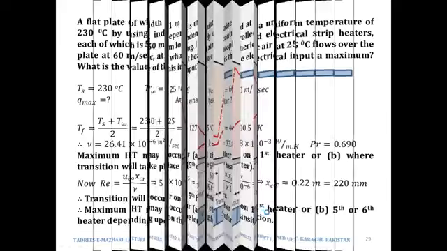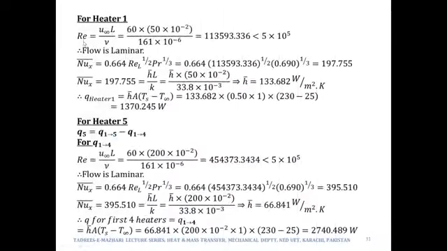So let's say we start with heater number 1, we find out the Reynolds number, and it is 1.1 × 10^5. Again, the flow is laminar, and we use this expression for average Nusselt number.